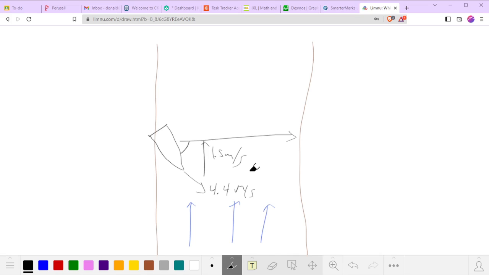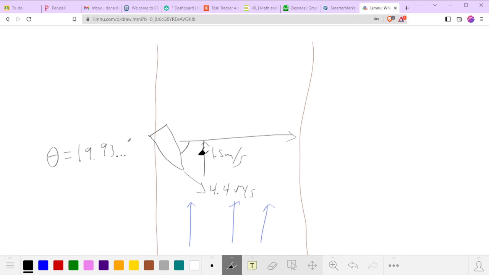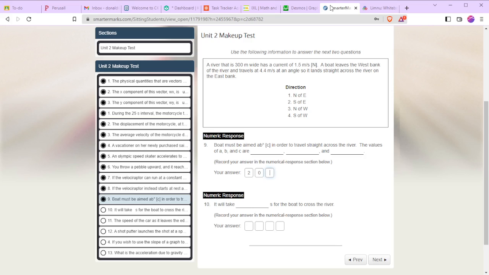This is an opposite over hypotenuse problem. So that angle is about 19.93, etc., degrees. So here, if we round it to the nearest degree, it's 20. And that direction is going to be 20 degrees south of east. That's how we have this drawn. So that's 2.